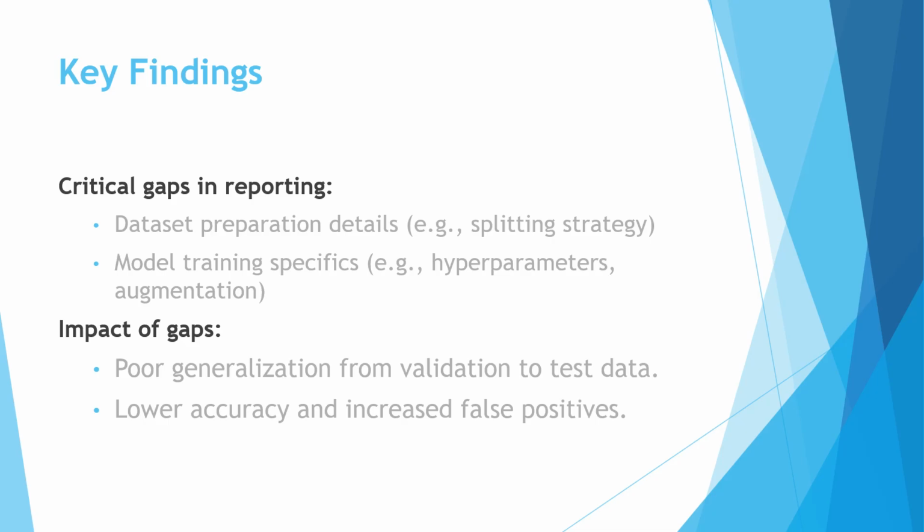And this missing information resulted in getting a lower accuracy compared to what was initially reported in those papers. And that means a poor generalizability of the model for those algorithms.